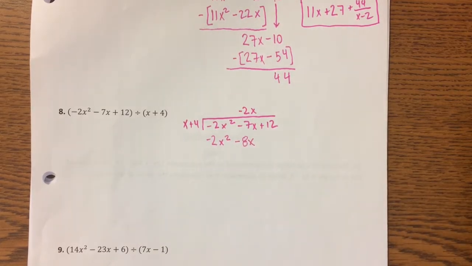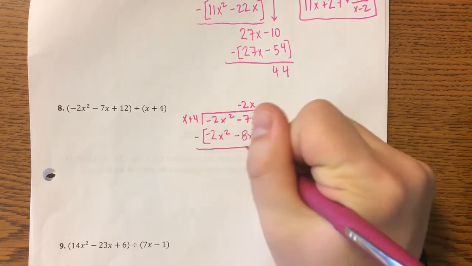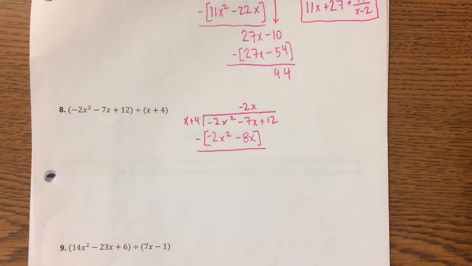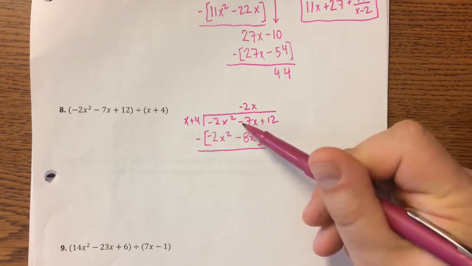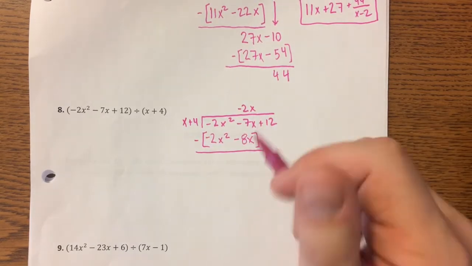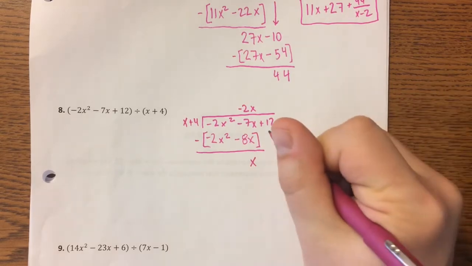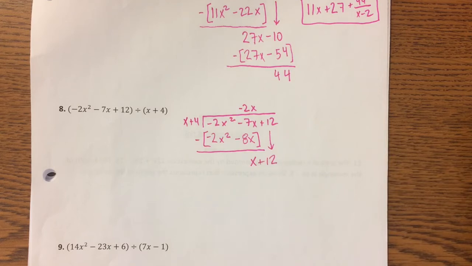So then I go to subtract. Negative 2x squared minus negative 2x squared is 0. That's what we want to happen. Negative 7x minus negative 8x is positive 1x. Good. Bring down the next term, which is 12. So what do I need to multiply x by to make it x? Just 1, right?